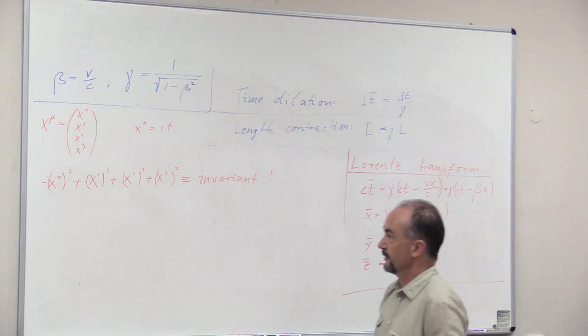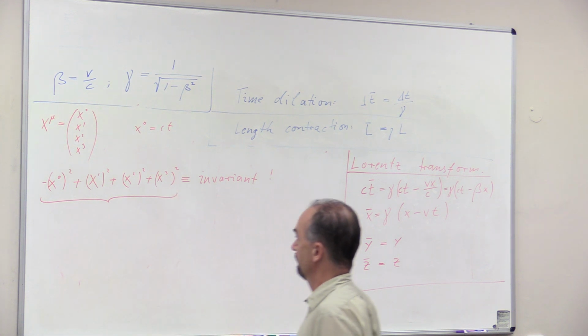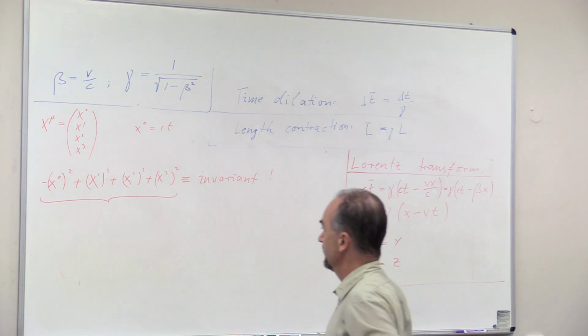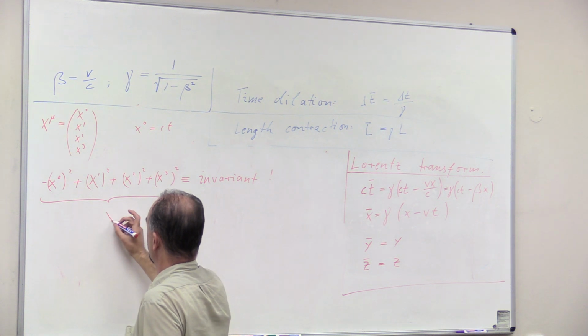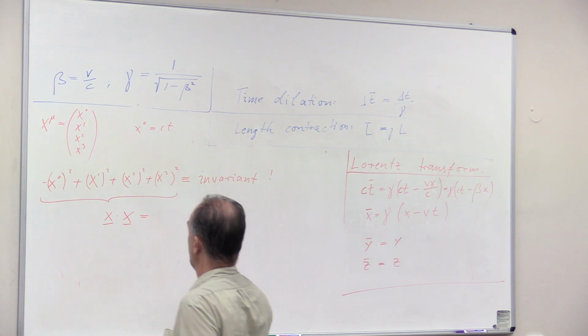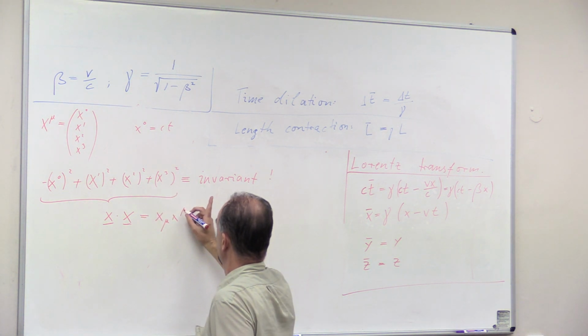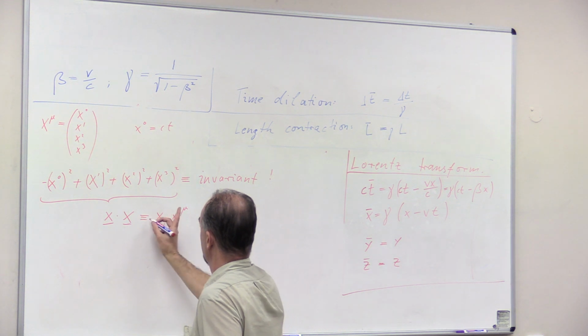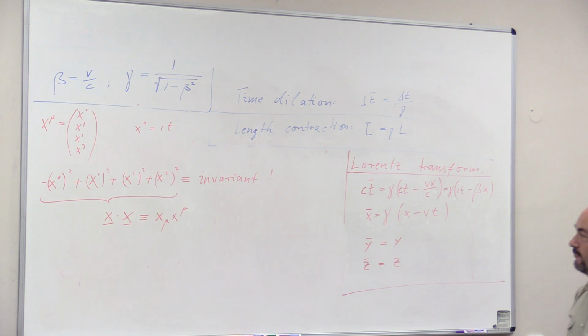So this is our new definition of our 4-vector dot product, scalar product. Let's call this x dot x, or we can write it as x mu x mu, with Einstein summation convention, that's what we mean.